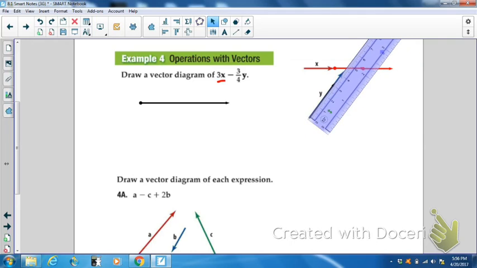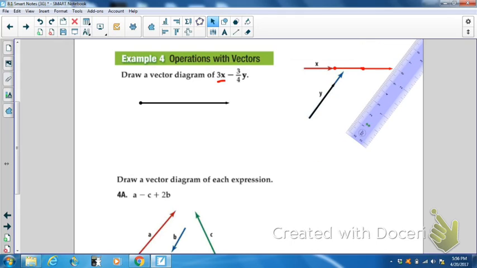So the original amount looks to be about 4.5. So you want to take that 4.5 and multiply by 3/4. Which I would say I'm pretty much right on there. So it's 3/4 the length of the original one.